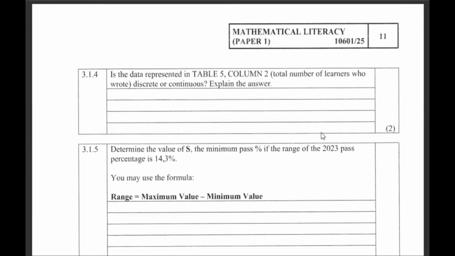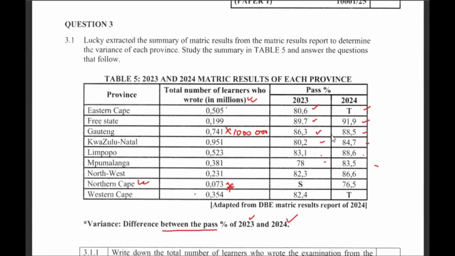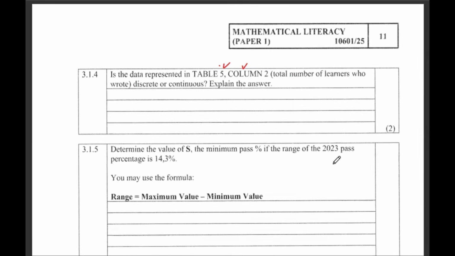All right, 3.1.4 is the data in table 5, okay, column number 2. So when you talk about table 5, column number 2, which is the number of learners, is it discrete or continuous? Now, this data is discrete, okay? Why is it discrete? Because it is the total number of learners.